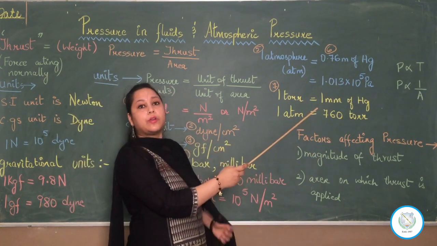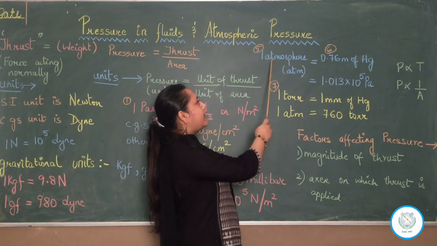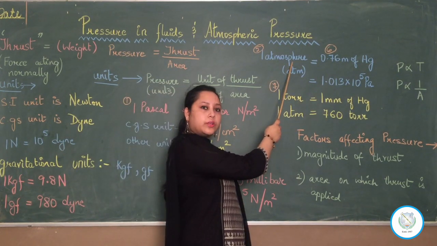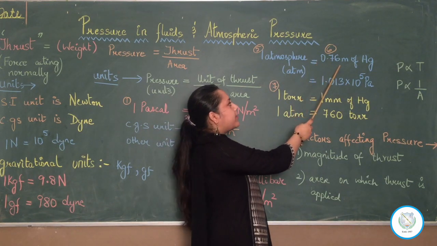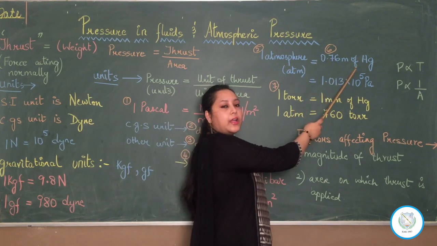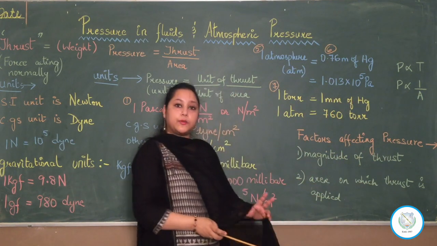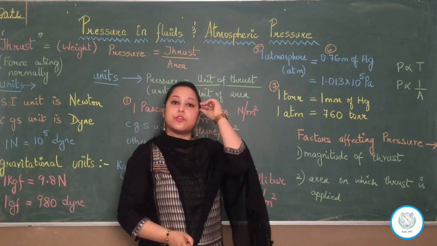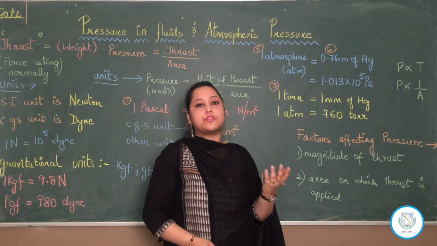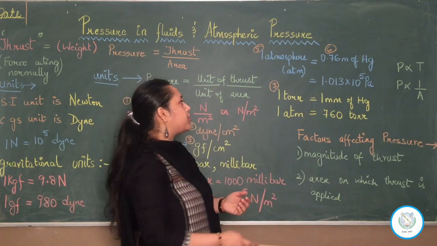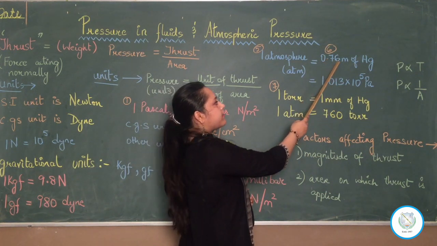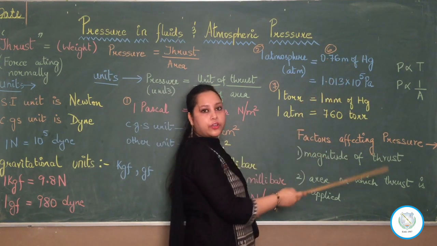Now let's talk about atmospheric pressure. 1 atmosphere is also a unit that is used for pressure. It is equal to 0.76 meters of mercury. Now you've heard about a barometer. The barometer is used to measure the atmospheric pressure. When atmospheric pressure is measured by a barometer, the normal atmospheric pressure is given by 0.76 meters of mercury column, right?